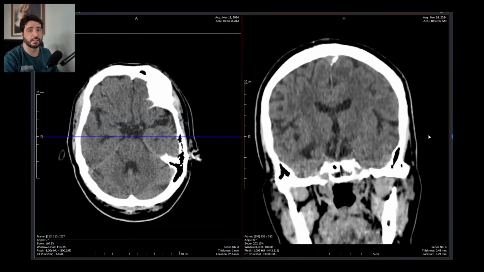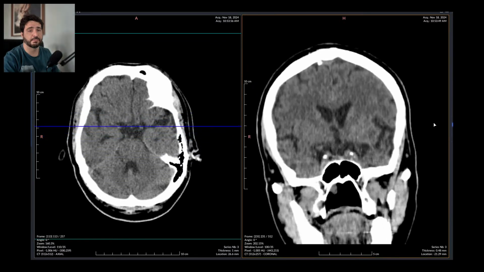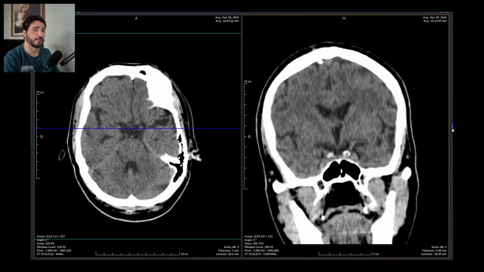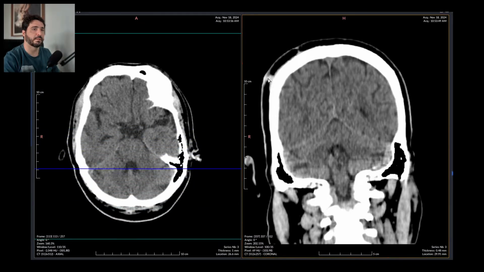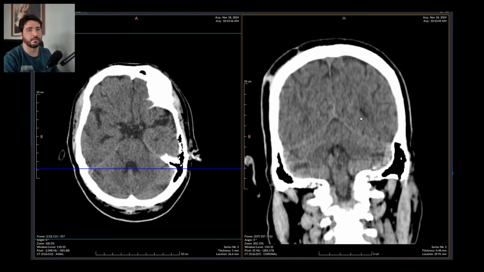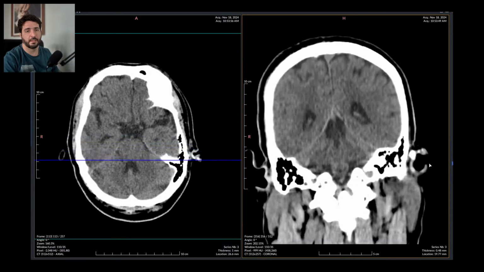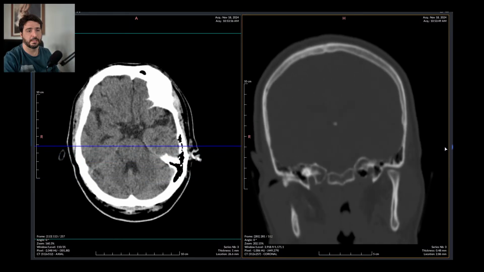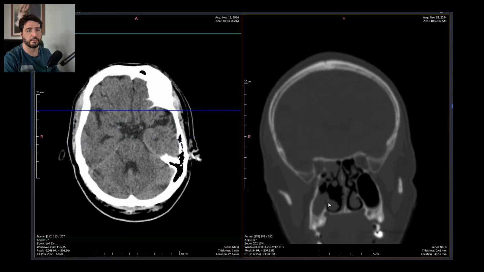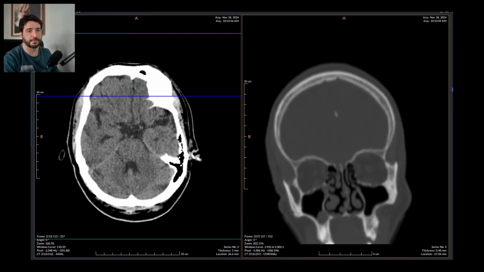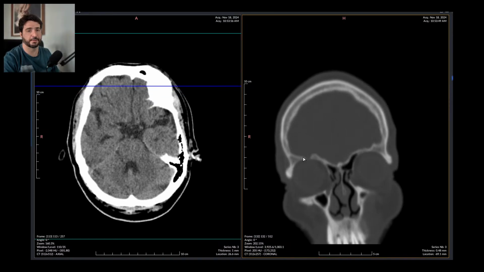And it's more than enough for the patient to have an epileptic seizure. See, this seems like scar tissue on the skin of the scalp, and clearly he has some facial deformities related to old fractures. He has also an orbital fracture right there.